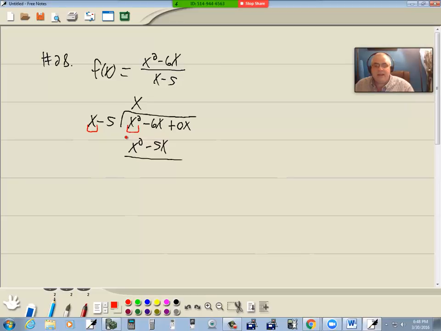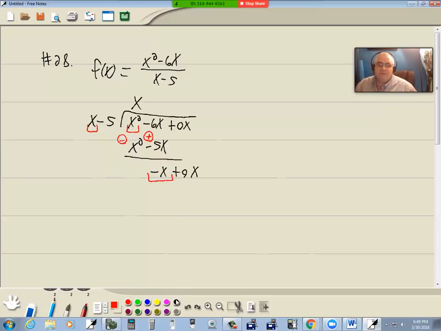Now we're going to subtract that line. And when you subtract, that flips sign, so this positive x squared becomes a negative x squared, and the negative 5x becomes a positive 5x. Now x squared minus x squared drops away. Negative 6x plus 5x gives us negative x, and then I'll bring down the 0 placeholder.